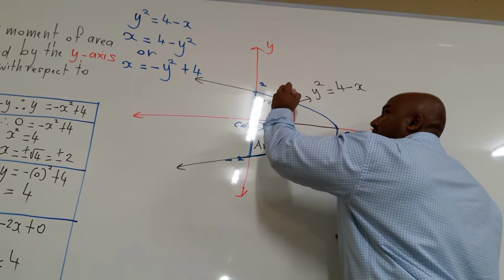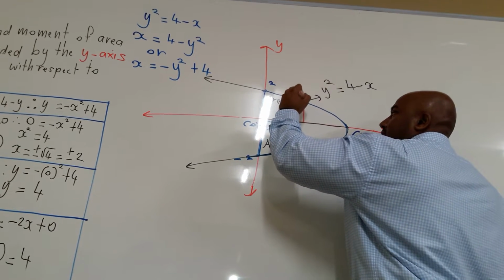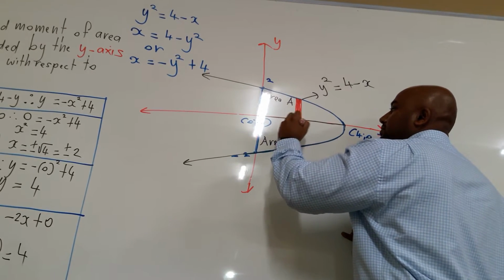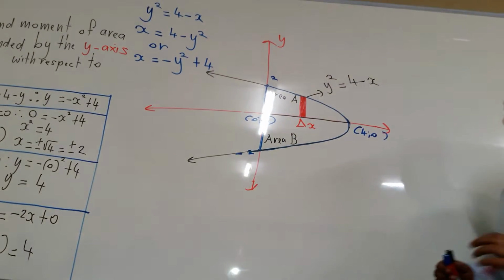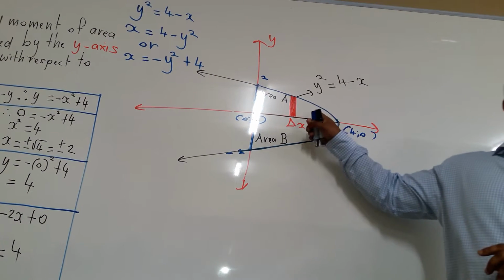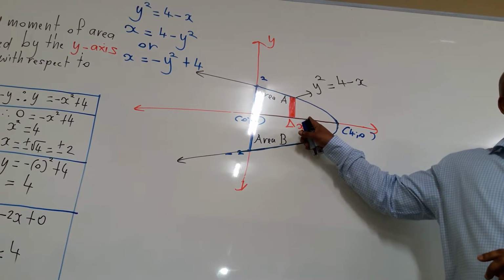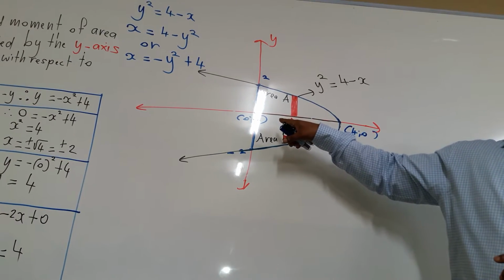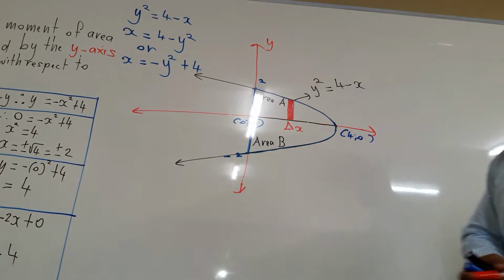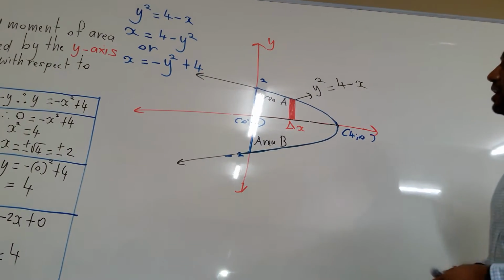Let's say I'm using delta x here. I'm only going to deal with area A. I'm going to work out the second moment of area A, and I'll multiply by 2, and it will give me the answer. So let's work with area A only.